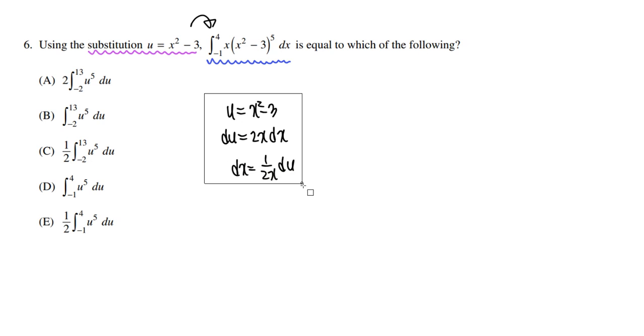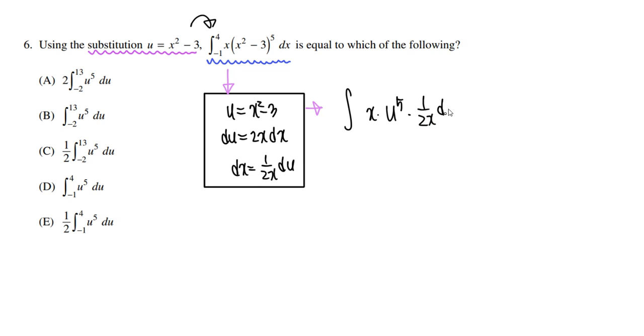I'd like to call this the substitution box. When you get out of this box, you can change the integrand to u to the power of 5 times 1 over 2x du, and your interval should be changed also.